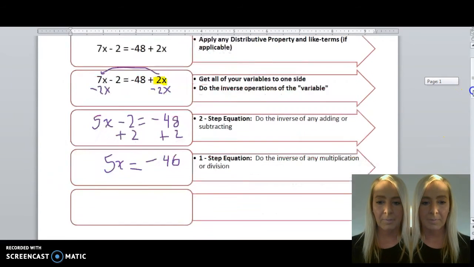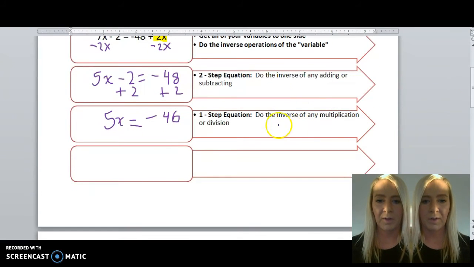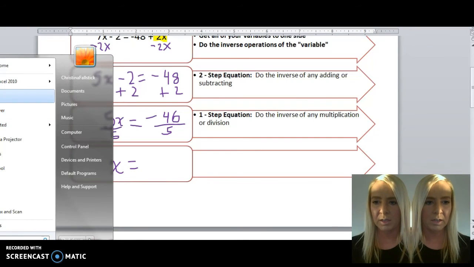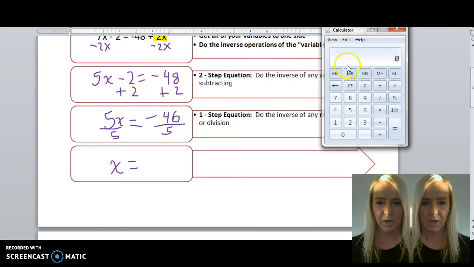Then my last step is I'm going to do the inverse of any multiplication or division. The inverse of multiplication is division. So I'm going to divide both sides by 5, which I know is already going to give me a decimal. So at this point, you can use your calculator to double check.